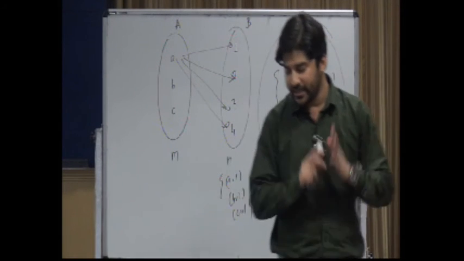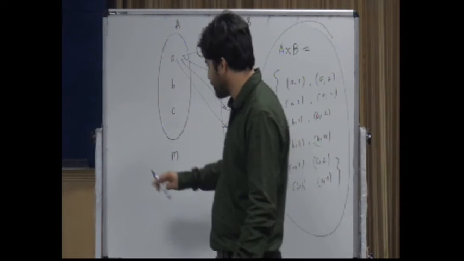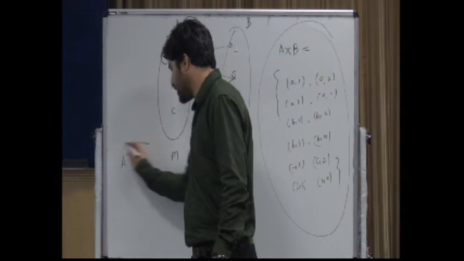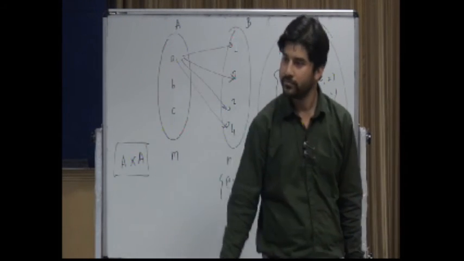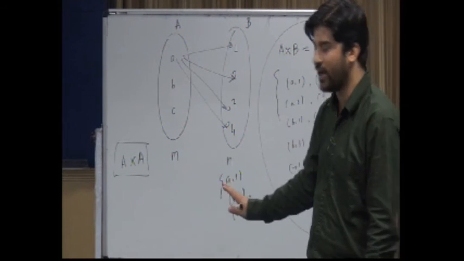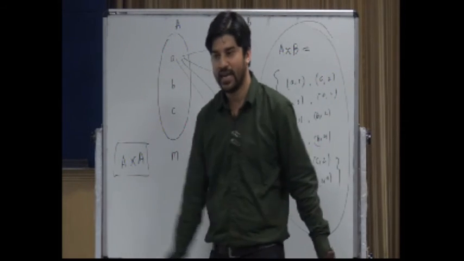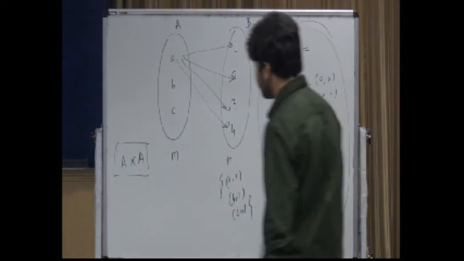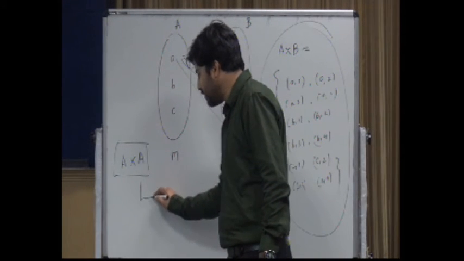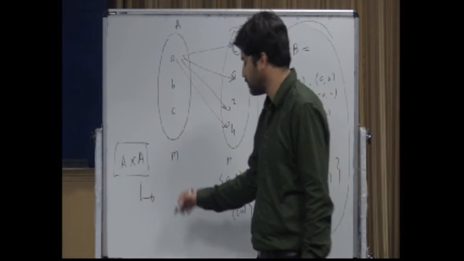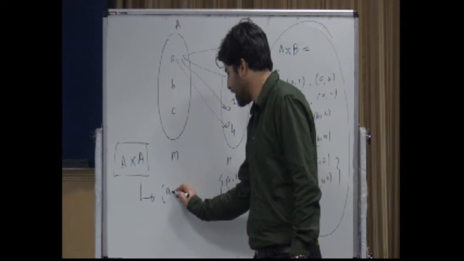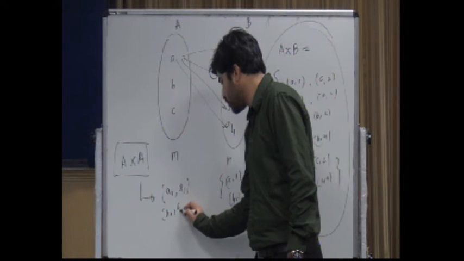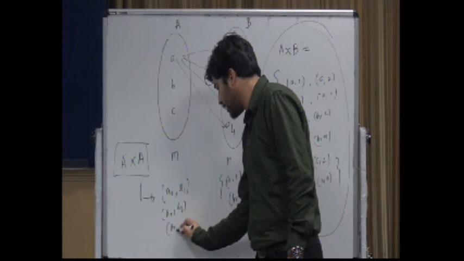Now, let's say I create A cross A as a Cartesian product. I have built a relation in A. And suppose all the elements of A are like A1 comma A1, A2 comma A2, A3 comma A3.